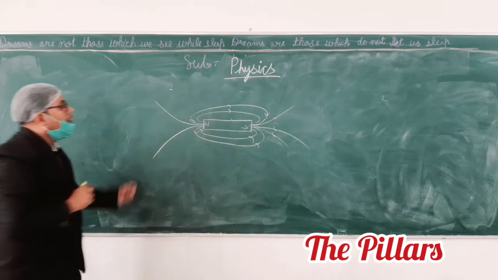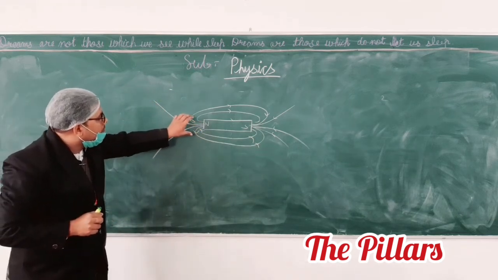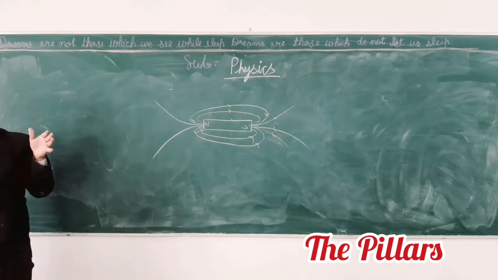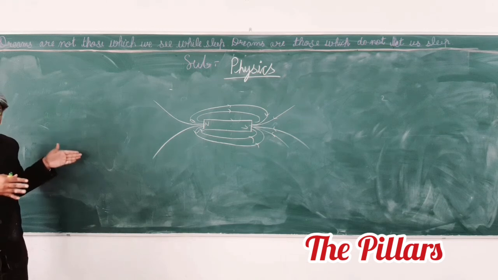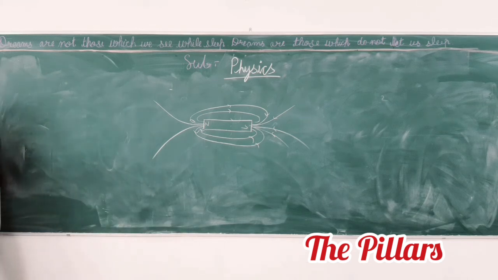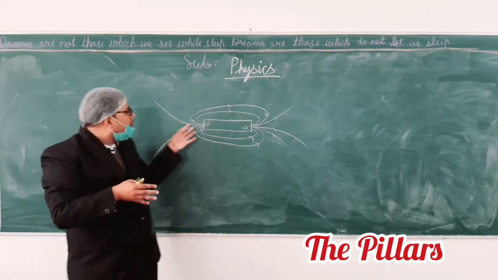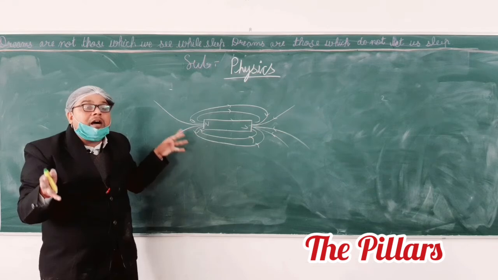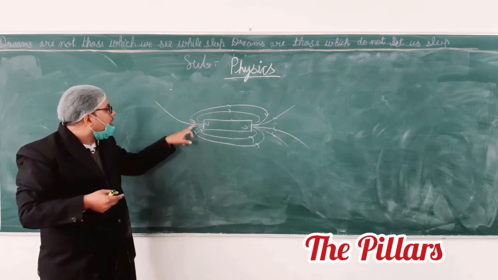Wherever the density of magnetic lines of force is more, the strength of the magnetic field will be more. Wherever the density of magnetic lines of force is more, meaning the number of lines is more, we are going to have a higher magnetic field.